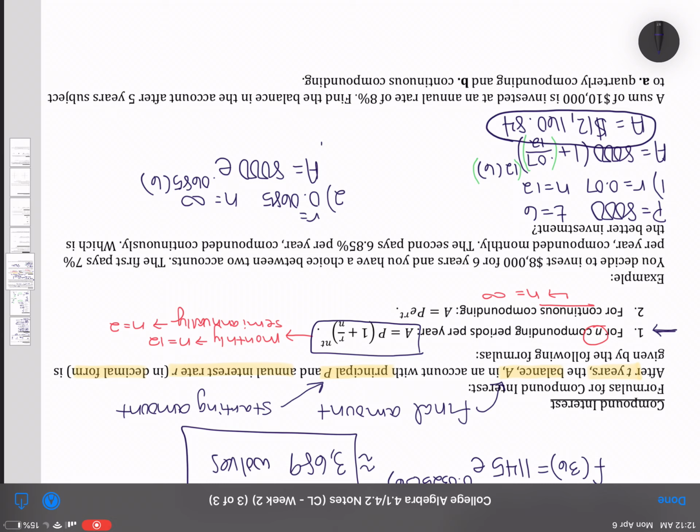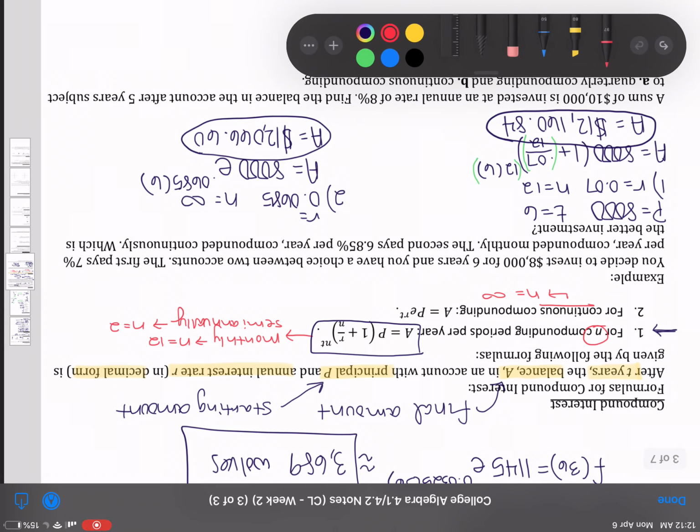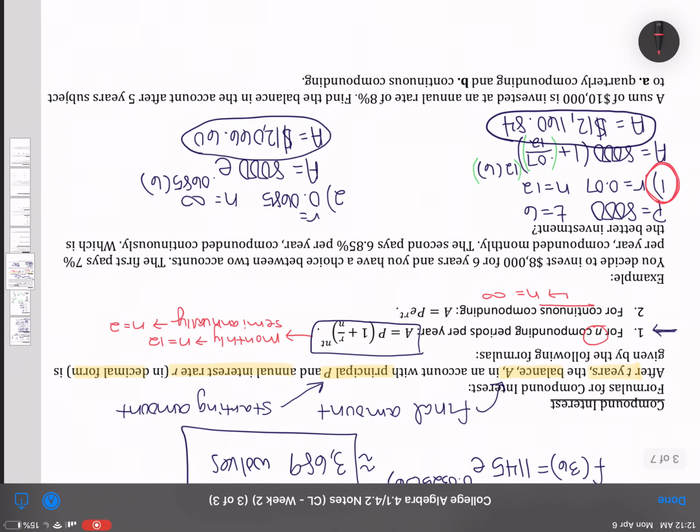If you do that, you should get $12,066.60. So on this one, it looks like the better investment is account 1, because that has the larger value.